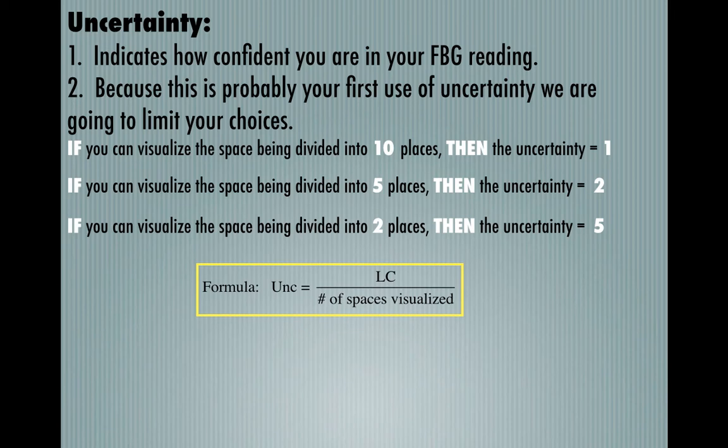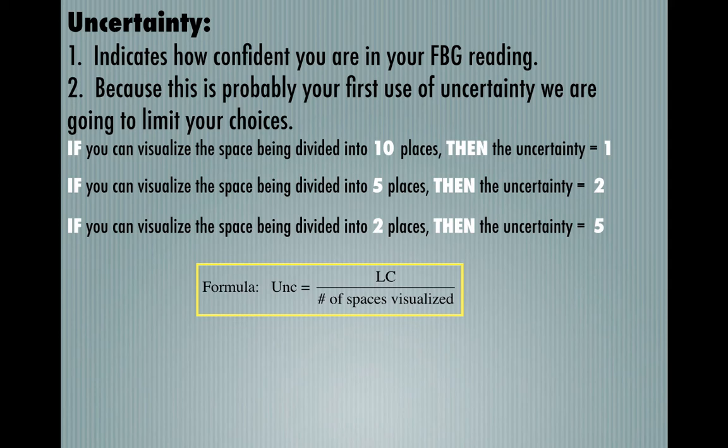So you can do all this in your head if you want to. However, there is a formula that you can follow to sort of figure out, okay, should I use a 1 or 2 or a 5? So to get the uncertainty, which is the UNC, you take the least count, which you just figured out is the difference between adjacent tick marks, and divide it by the number of spaces you can visualize in your mind that you could put in between those 2 tick marks.